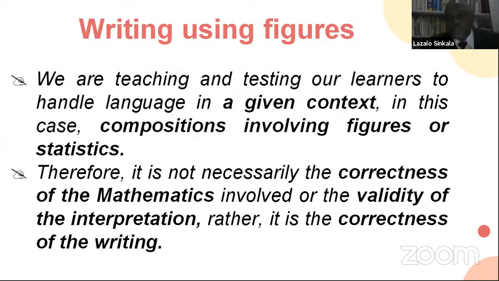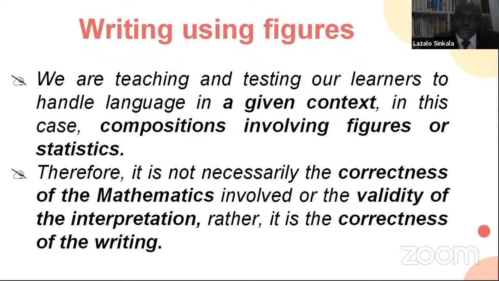Lately, we've received a lot of mixed feelings about compositions involving figures, where people have asked what exactly the learners are supposed to do. It's very simple. The learners are supposed to write a composition, a continuous piece of writing. Now, interpreting the figures that are given, since the testing here is not necessarily mathematics, we are not looking at the mathematics involved to be precise.